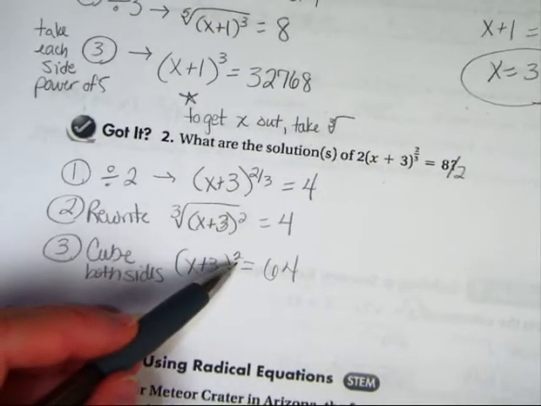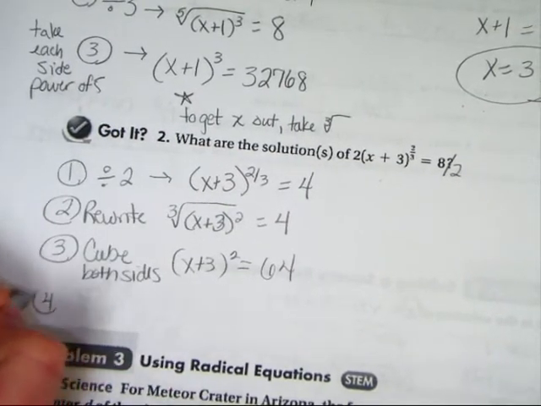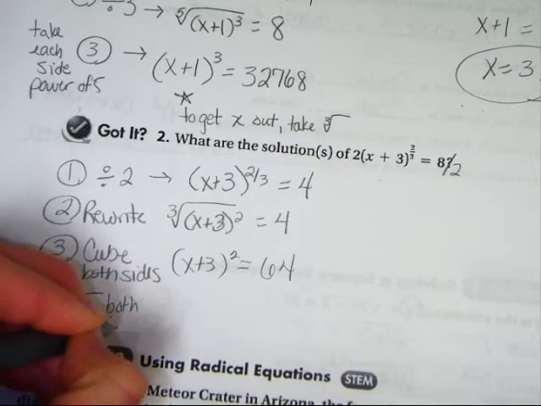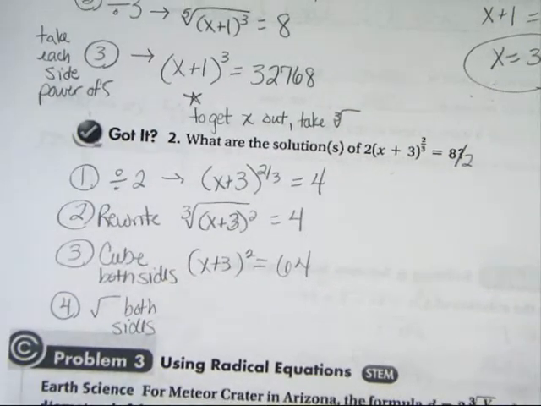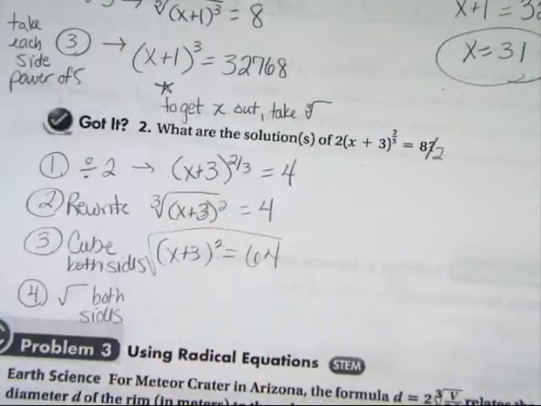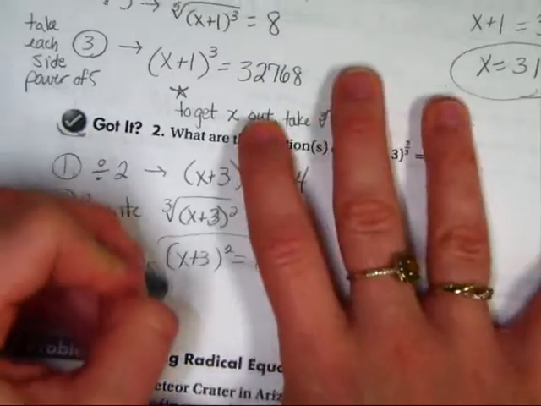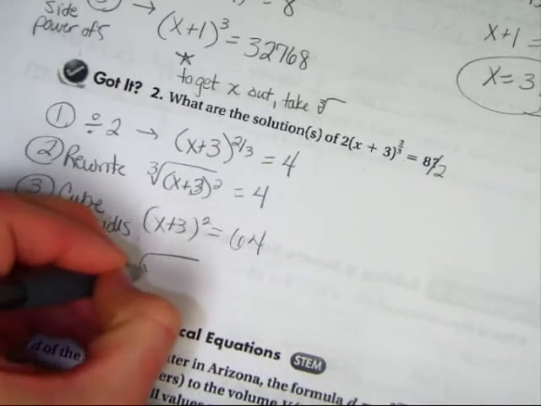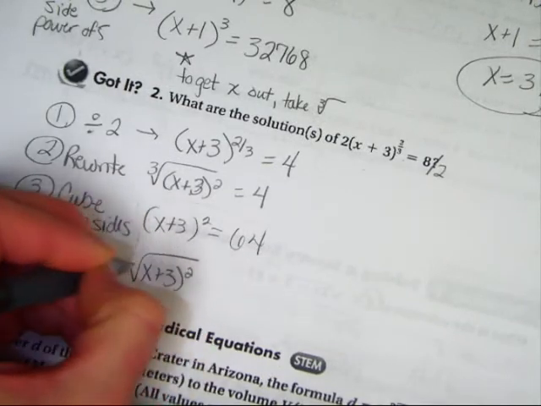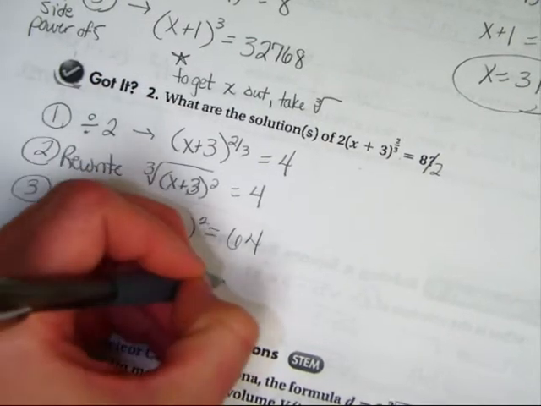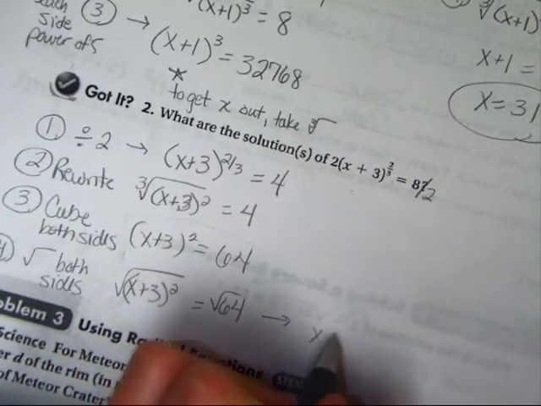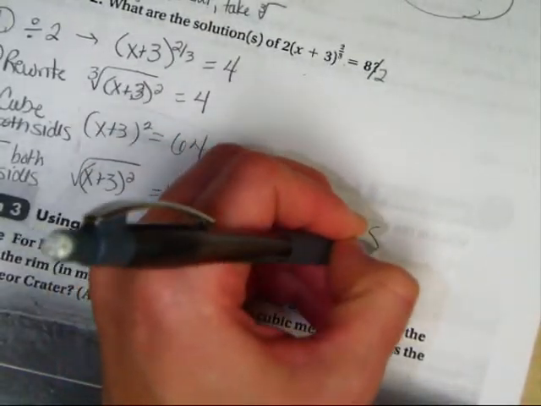And the last thing is you got to get rid of that square, so step 4, square root both sides. Okay, and that gets rid of the square. So by taking the square root, put that on the next step so it doesn't get confusing. Okay, so I'll do the square root of x plus 3 squared equals the square root of 64. And that's going to be x plus 3 equals plus or minus 8.